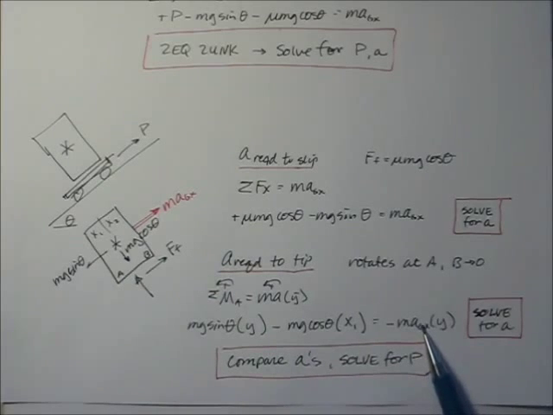Anyway, I can solve this for a, and I can obviously have solved this one for a. I compare the a's and see which one rules. The smallest acceleration would be the most we could stand before it either slips or tips.